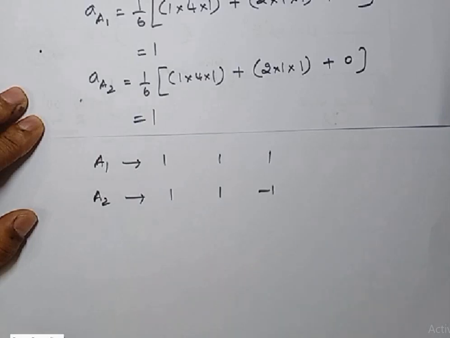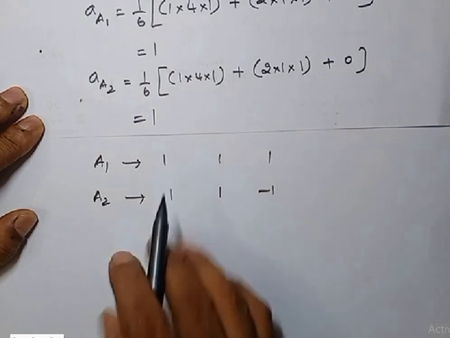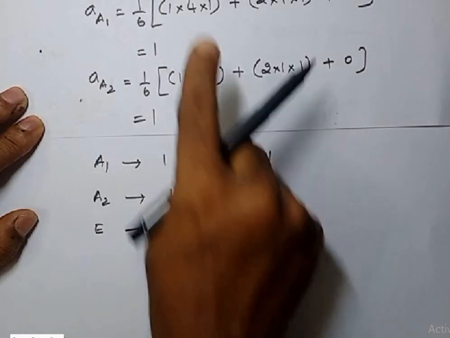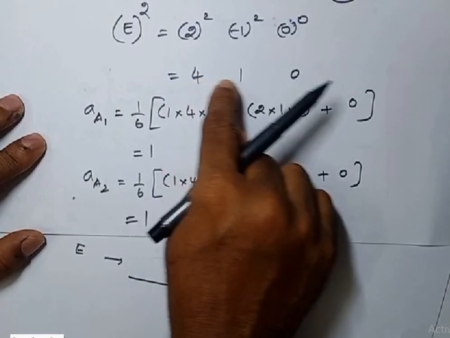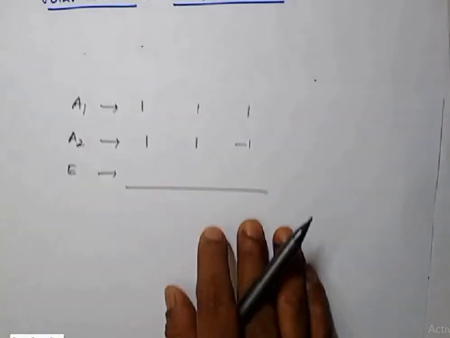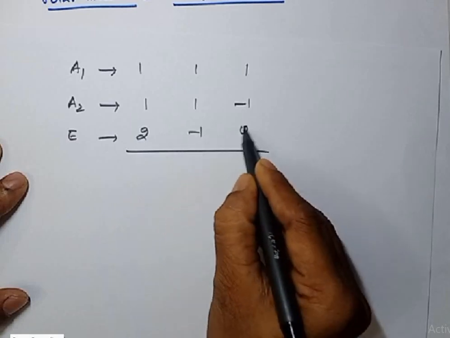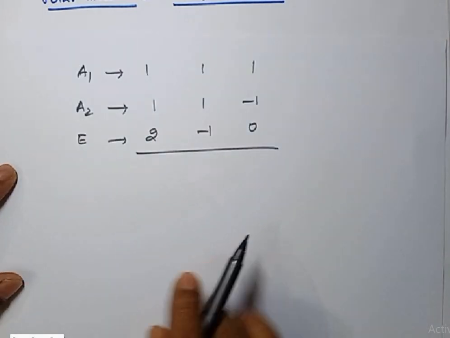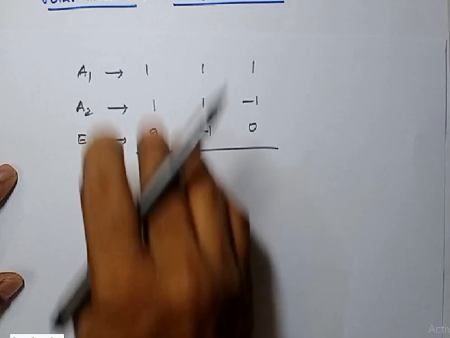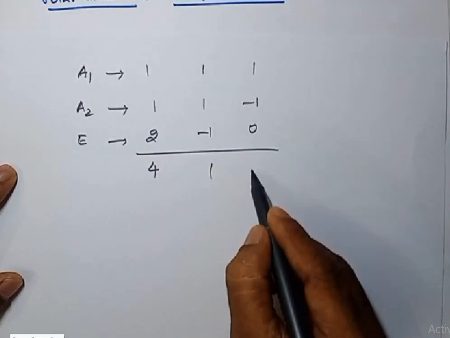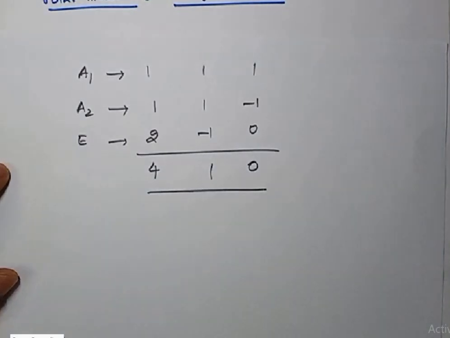Now we should introduce another irreducible representation so that the sum is equal to 4, 1, 0. Without reduction, I am going to give the answer: 2, minus 1, 0. These are the characters of E. If you add them, you will get 4, 1, 0. Am I right?